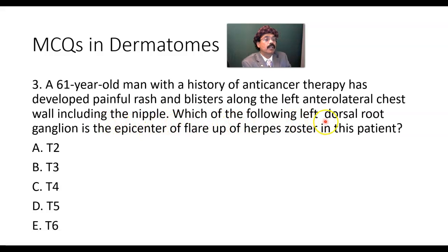Which of the following left dorsal root ganglia is the epicenter of the flare-up of herpes zoster in this patient? The blister and rash are on the chest wall, including the nipple. So what should be the dermatome? T2, T3, T4, T5, T6.